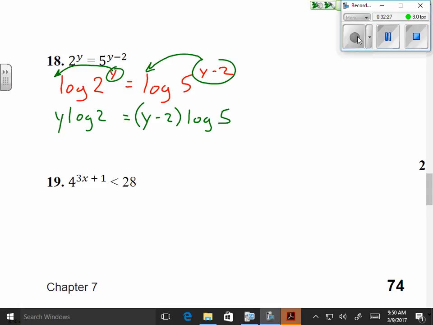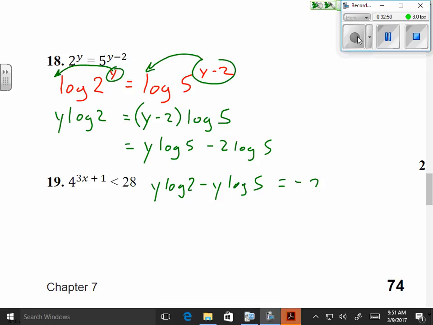What we would have to do is distribute the log 5, and so we get a y log 5 minus 2 log 5, and then we would subtract the y log 5 from both sides, so we get y log of 2 minus y log of 5 equal to negative 2 log of 5.